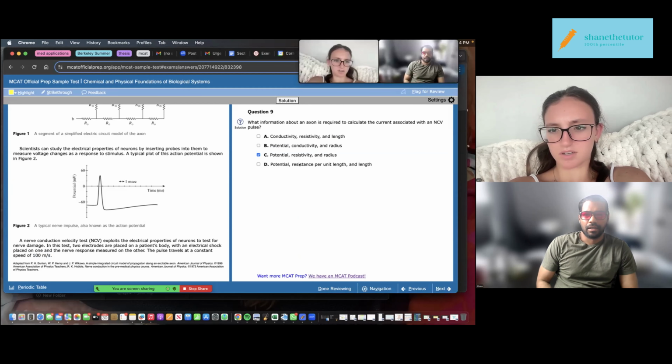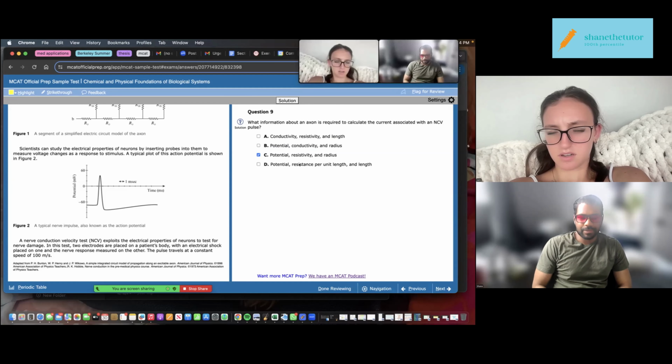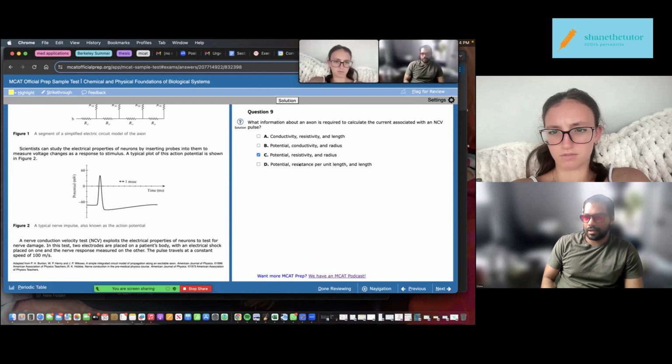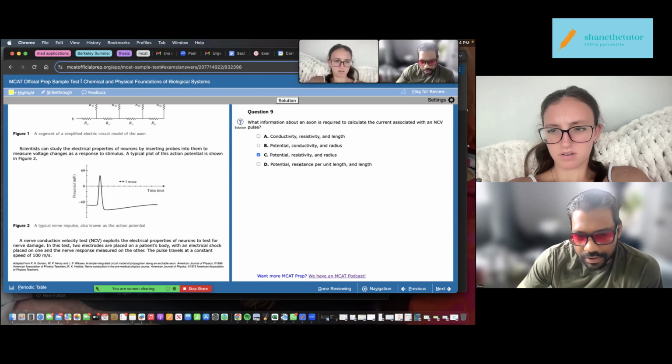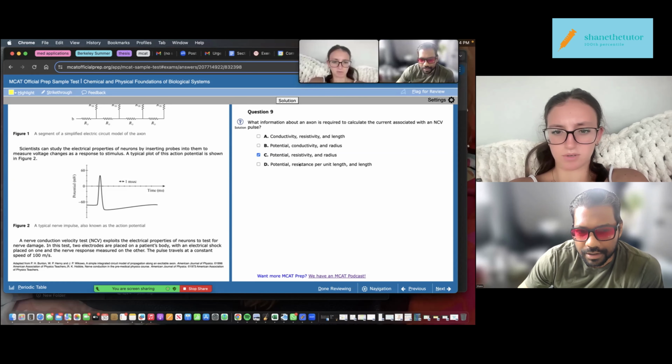Information required: current. So current equals V over R, right? Ohm's law. So V equals IR, and I is current.